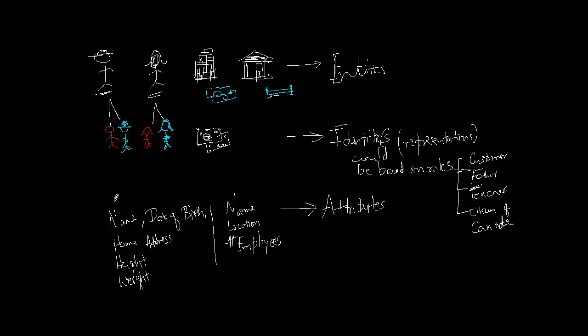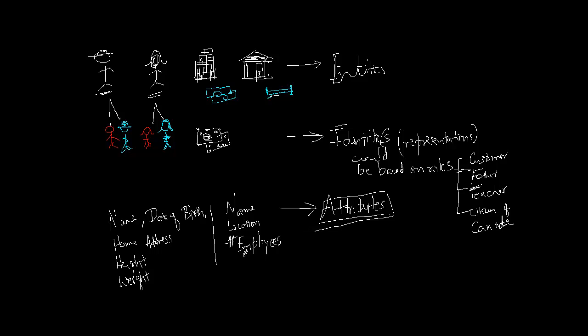The next item we need to understand before we move on to a complete identity management system is that entities are described by attributes. Now, the attributes of an entity typically flow into the identities, right?